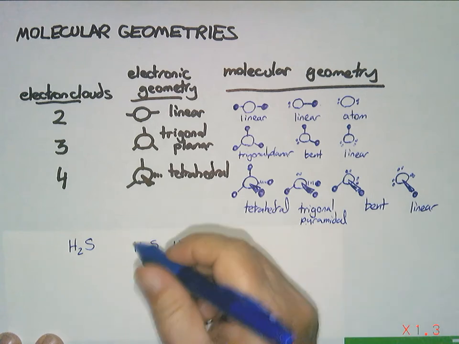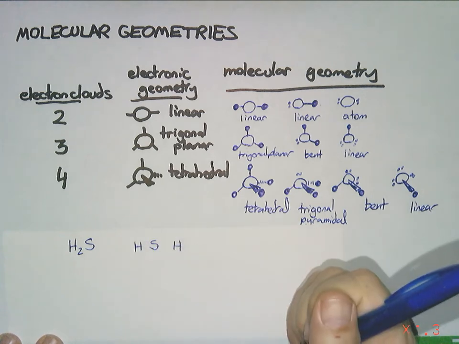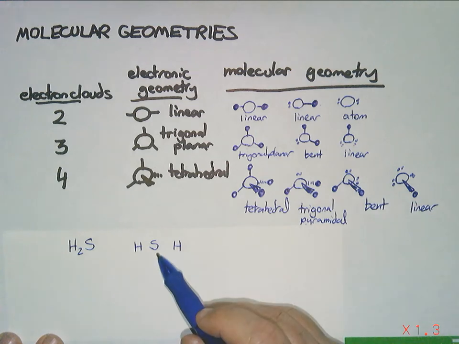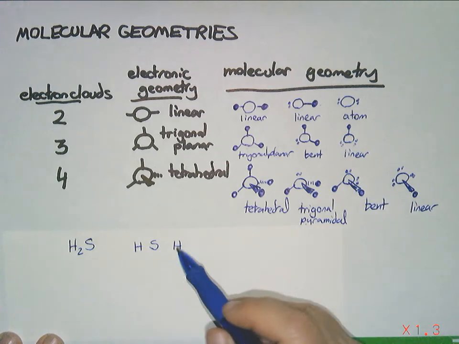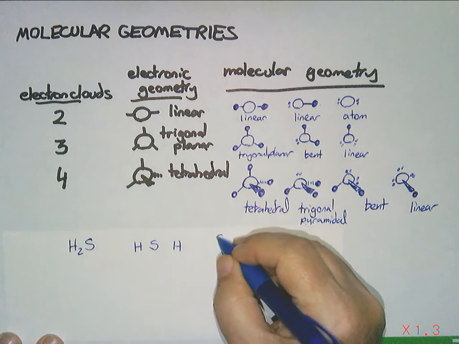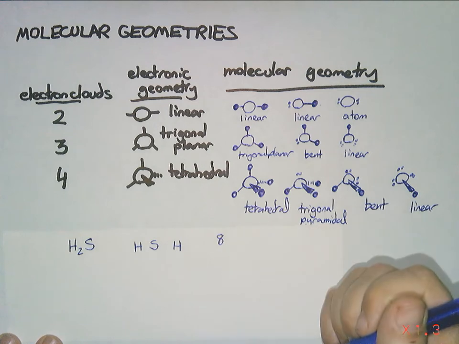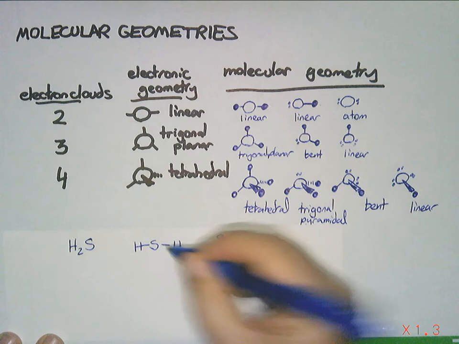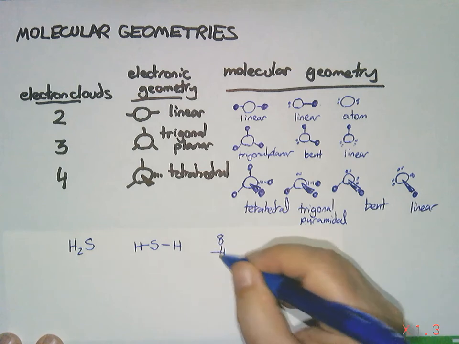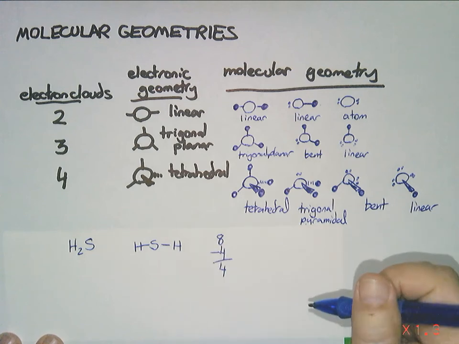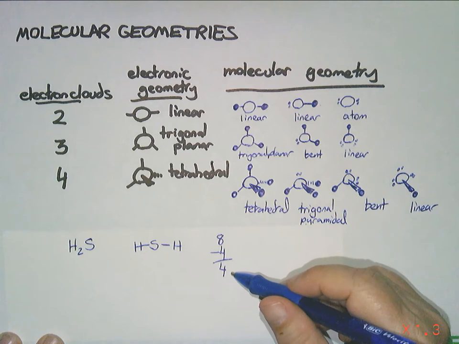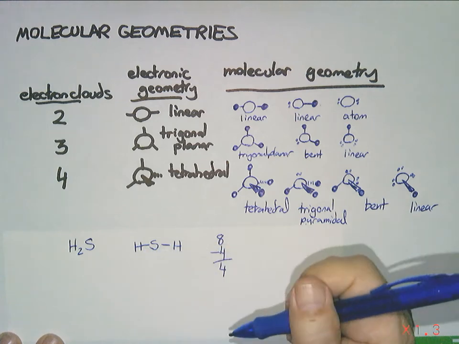Step 1, draw the skeleton structure. Step 2, count the valence electrons. I have 6 for the sulfur, 1 for each of the hydrogens, so I have a total of 8 valence electrons. Step 3, connect the structure. That took away 4 electrons. I have 4 left.